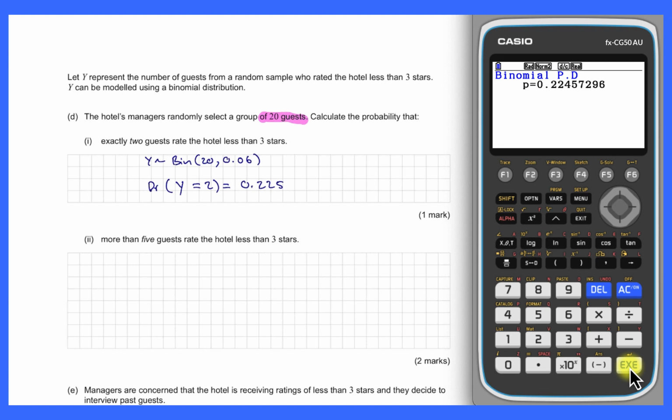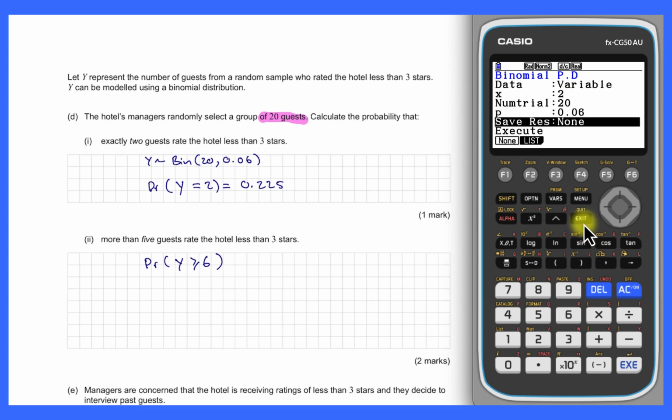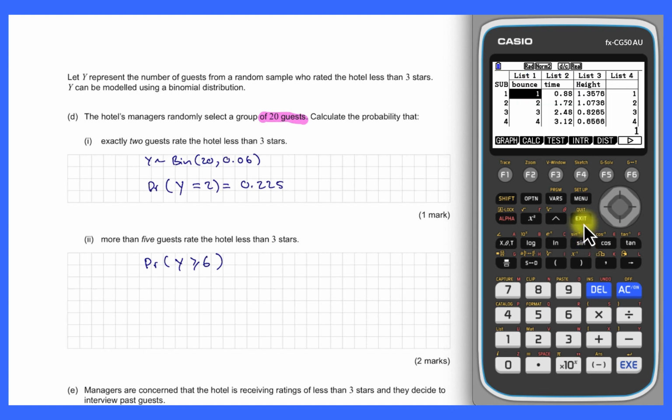Calculation number 2 is more than 5 guests. Given that this is a discrete random variable, more than 5 means 6, 7, 8, etc. So it starts at 6. And this probability can be calculated not in the binomial point distribution, but in the binomial cumulative distribution. To get that, exit a couple of times to get the distribution option up again, and then back in we go.